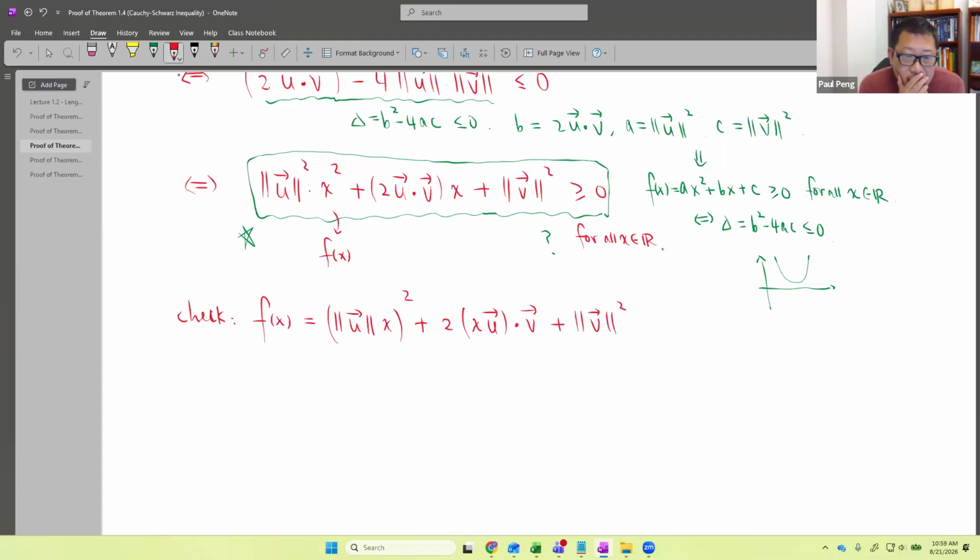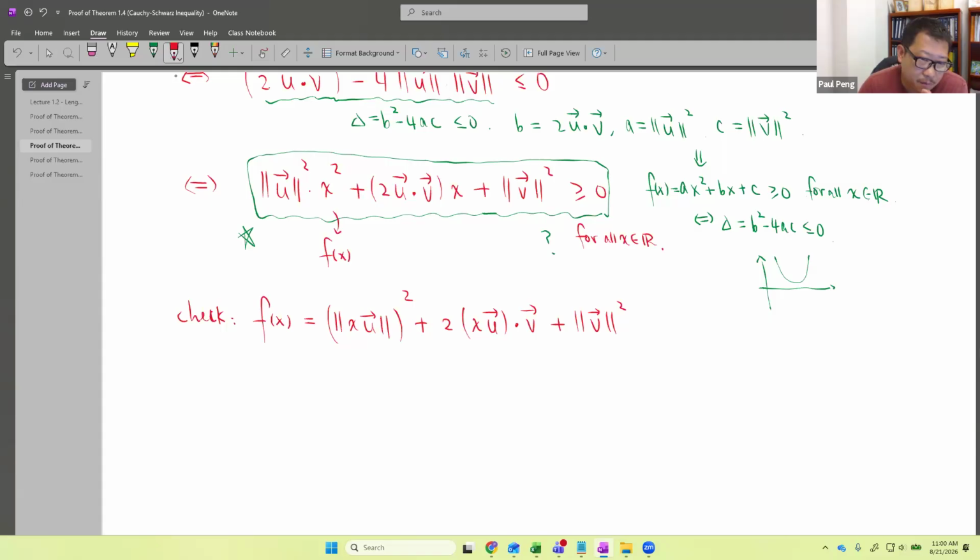Have you seen something? This looks like a perfect square. It's really a perfect square: a squared plus 2ab plus b squared. It is, do you believe it is? I can put x inside, and if I do this, you will see it even more clearly.